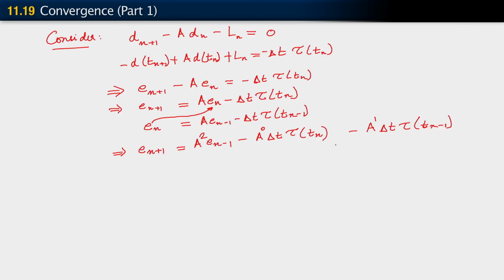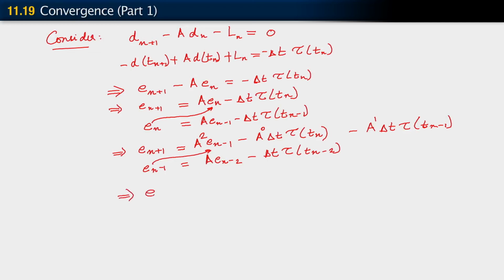All right. Now I can take yet another step. What if I were to now rewrite an equation for E at n-1? I would get A E at n-2 minus delta t tau at t^{n-2}. Making the substitution, you see how this is going, right?